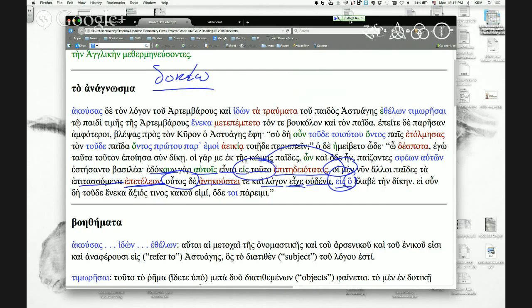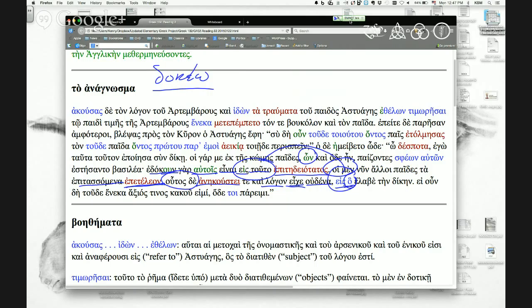Okay. What kind of word is this, ho? Not reflexive, but a demonstrative? You're on the right track. It's a pronoun, a relative pronoun. Number, case, and gender. Ho. Masculine, singular.